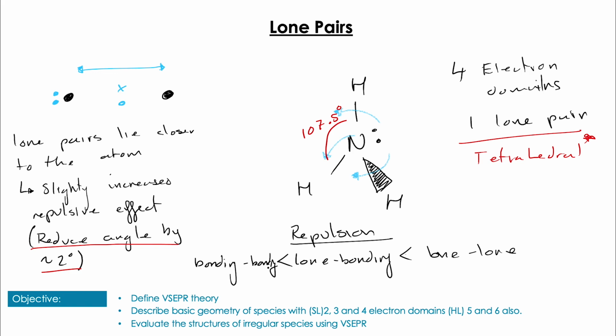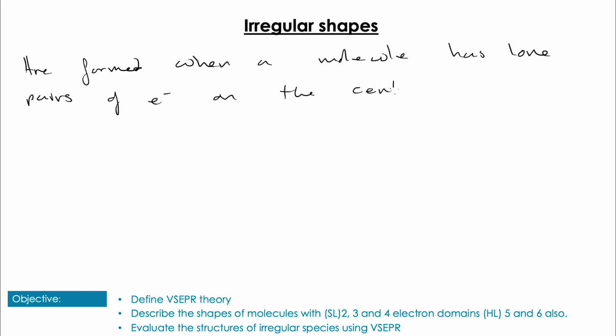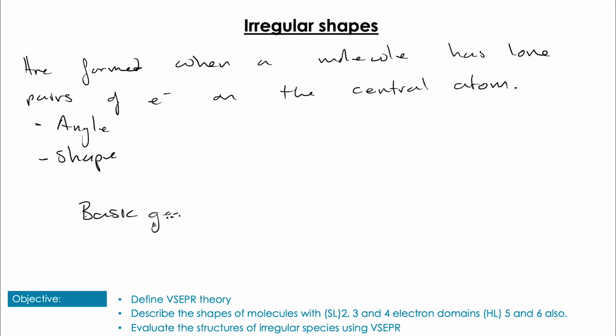So what shapes can we actually make when we include these irregular geometries? These irregular geometries are formed when there are lone pairs in the molecule, and those lone pairs cause the angle and the shape of the molecule to change from the regular shapes that we've already outlined.